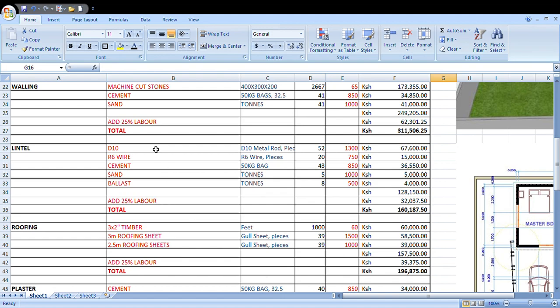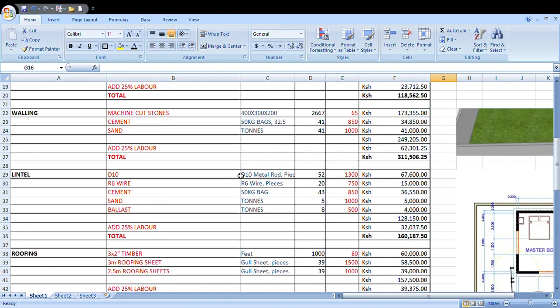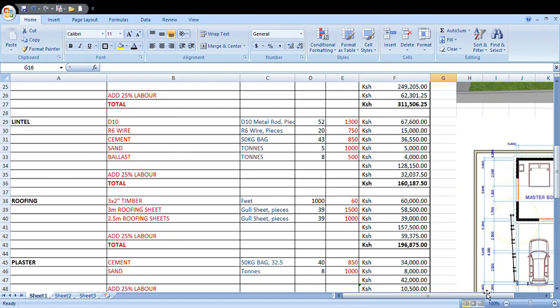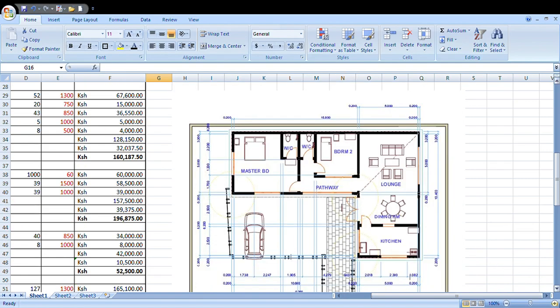That's 6.3 meters. And then R5 comes at around 32 feet, which is approximately 12 meters. That's why we are coming up with around 20 pieces, and this one is 52 pieces, considering the total surface area or length or perimeter of the wall.